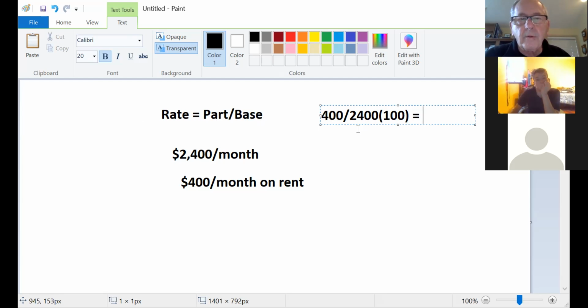So it'd be 400 over 2,400, which is 1 over 6 times 100. So it's 16.67%, or 16.7%. That would be the rate in this case, right?